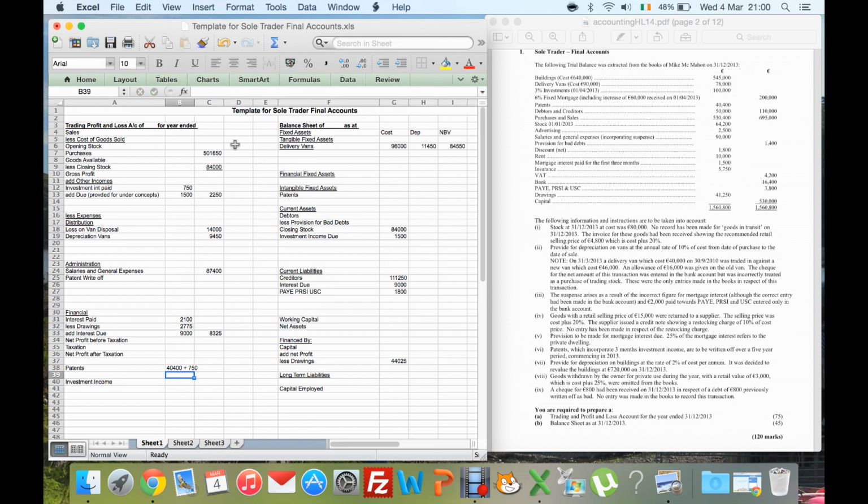And then we have to take away a fifth of that figure. That's the patents figure, and then we get a fifth of that. So we'll take that number away. So the final figure we're going to have is 32,920.